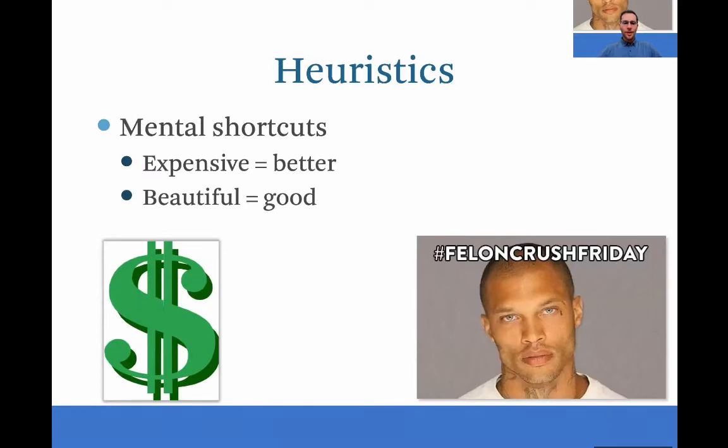Here are examples of other types of heuristics that humans have. One is called the expensive equals better heuristic. This is when we tend to think that more expensive products or services are better or made with higher quality ingredients relative to less expensive ones. So if you are choosing between two types of cleaning products or medicines at your local pharmacy, if one costs more, we tend to assume that the more expensive one is better somehow.